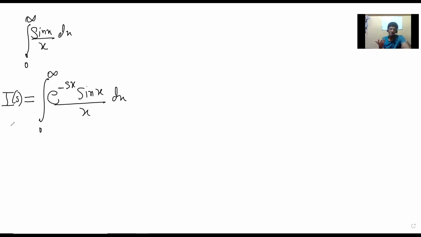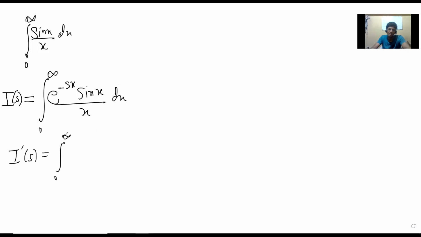You introduce a parameter, then you differentiate it, and then you integrate it with respect to x. Don't think too much about the limit. When you differentiate with respect to s, you can take the derivative inside. Don't go into why that is true. That is accepted. That's not a problem.